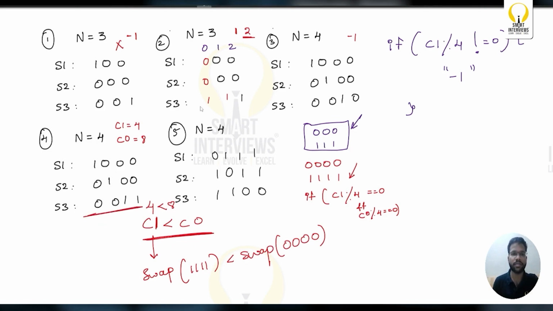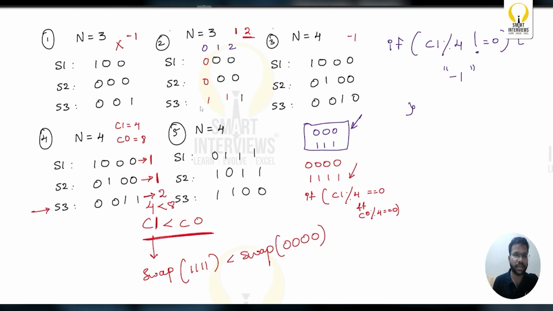So how can I get the minimum swaps from here? Can I simply count the maximum number of ones occurring in a string? In this one the maximum number of ones is 1, in this one it is 1, and here the max number of ones is 2. So in S3, we are getting the maximum count.